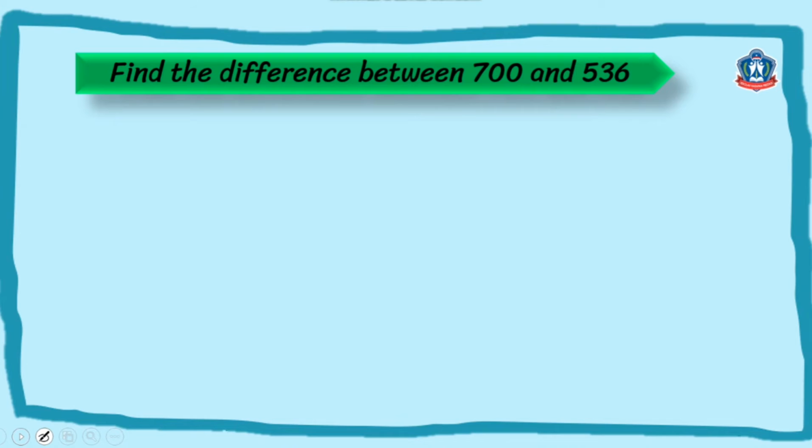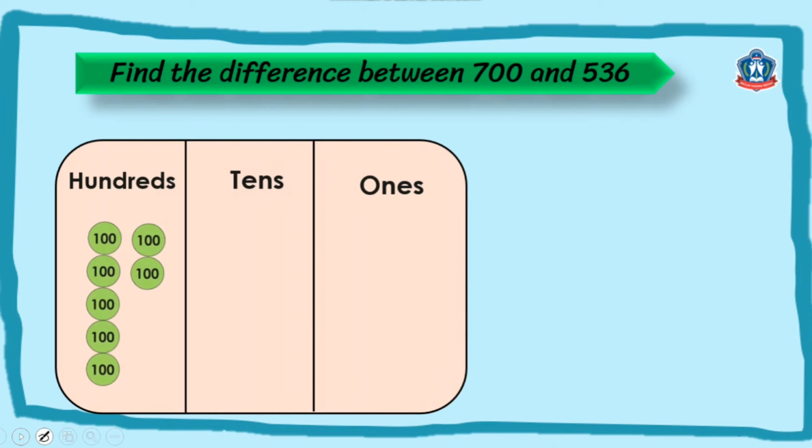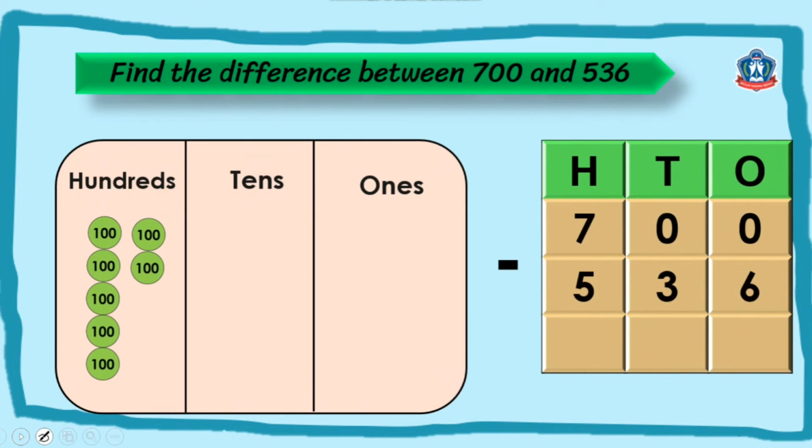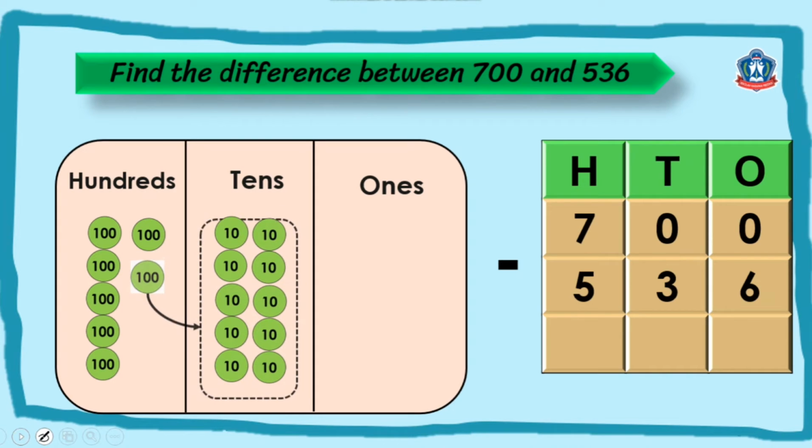Okay, next. How about, children, if our problem is like this? Find the difference between 700 and 536. So we have 700. As you observe, tens and ones are empty. So how are we going to solve this kind of problem? First, we will rename this 100 into 10 tens. So it will become 10 tens, and our hundreds become 6.